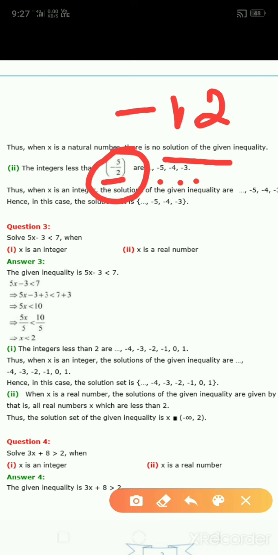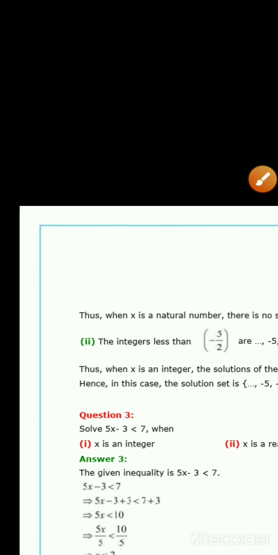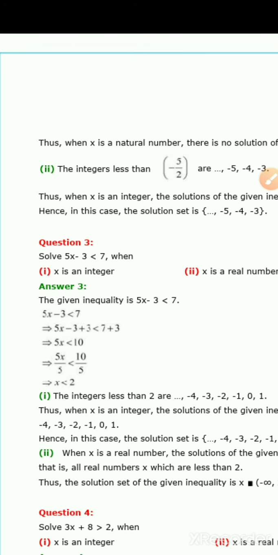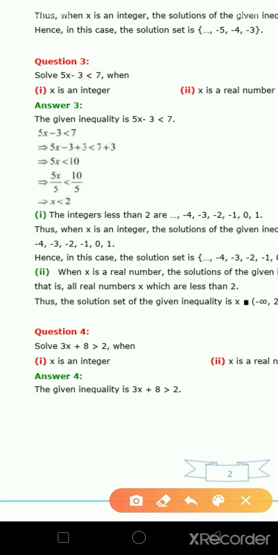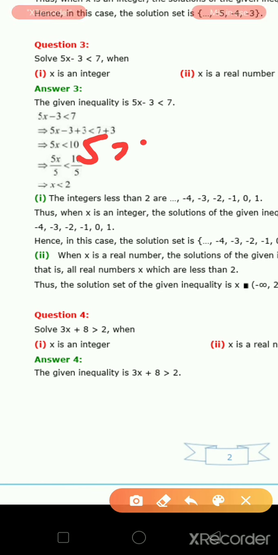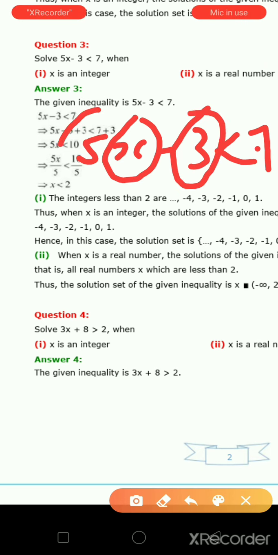Now, let's see question number 3. 5x minus 3 is less than 7. If you want the x term, you have to remove the 3 and also the 5.